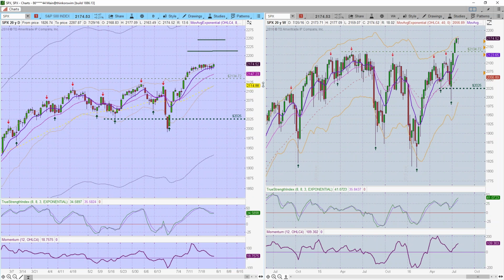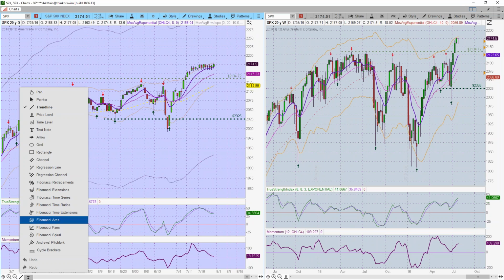Earlier we had projected, and here are those lines where I drew them. Earlier we'd done a projection from the breakout from here to here, and it actually put prices above 2250 for the year, and we can do that extension right now.